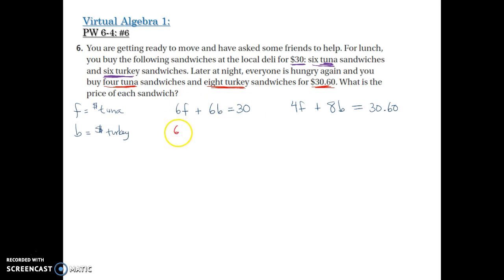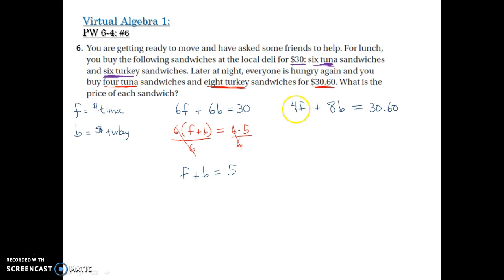So this would be 6 times F plus B equals 6 times 5. And now I can divide both sides of the equation by 6, and I get an equivalent equation of F plus B equals 5.